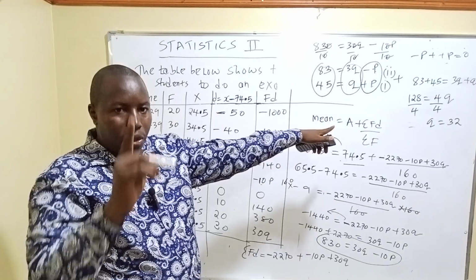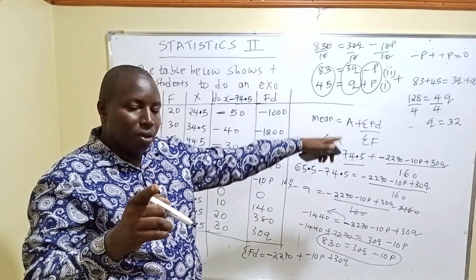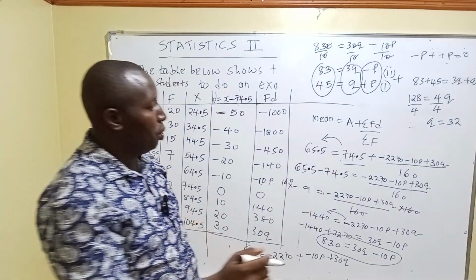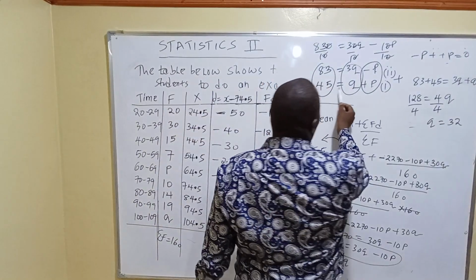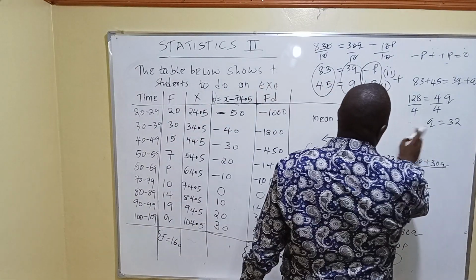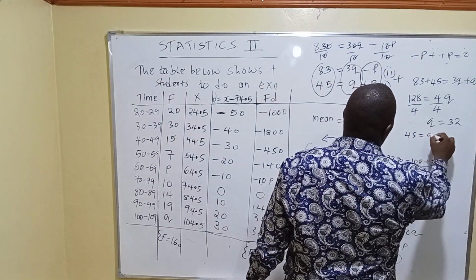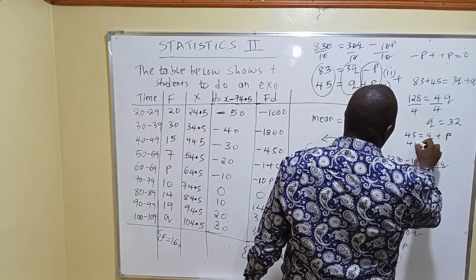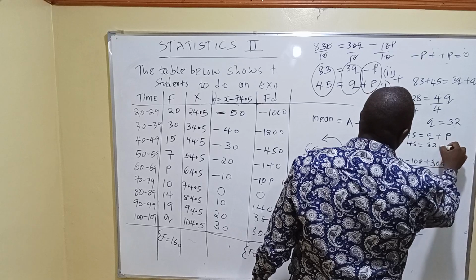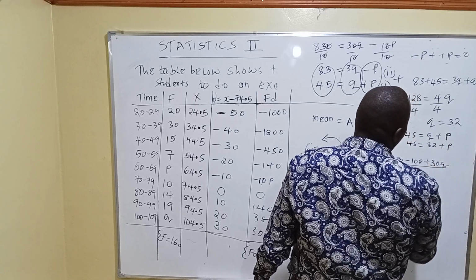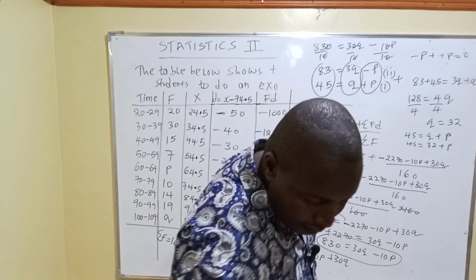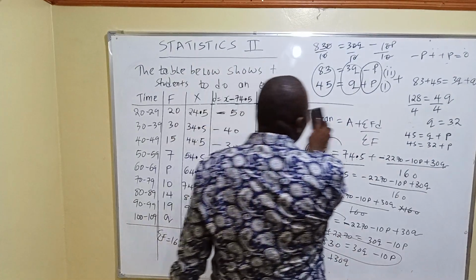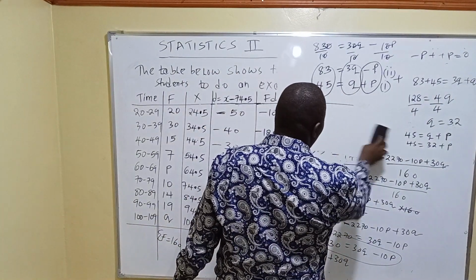We have got one variable, q. So find p. Go back to the linear equation. 45 is equal to q plus p, and q is 32. So 45 is equal to 32 plus p. So find p now.